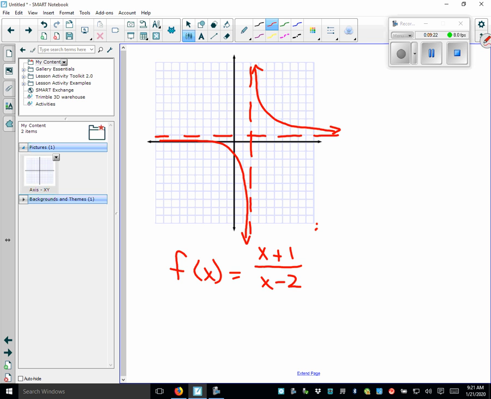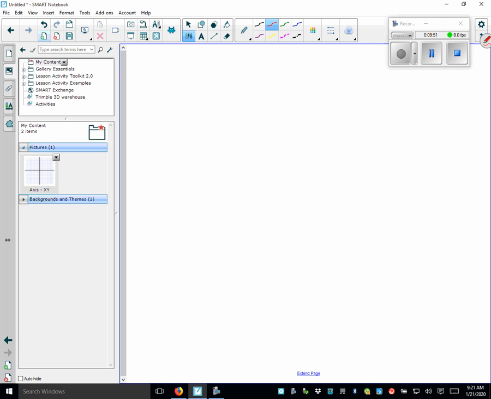Does it cross the asymptotes? Nope. It's close but doesn't cross them. Are you good with that? All right. That's all the asymptotes. Sawyer, you're going to remember to put letters? Yes. Good. And arrows. That's correct. All right. Now, let's go to inequalities.